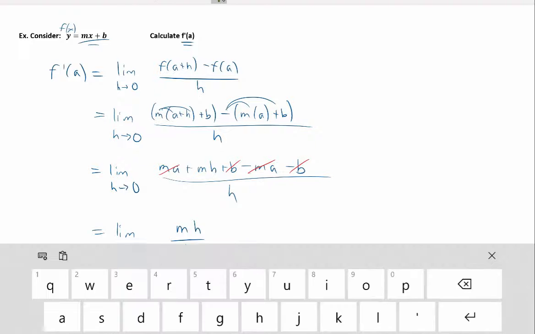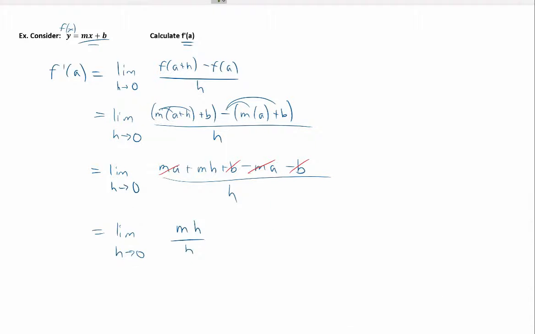We can see real easily that the h cancels. Now we're left with the limit as h approaches 0 of m. m is just a constant value. So as h goes towards 0, m is going to keep being m, and our limit would be m, which is just what we expected, because we know that the slope of any line in slope-intercept form is given by this value m.